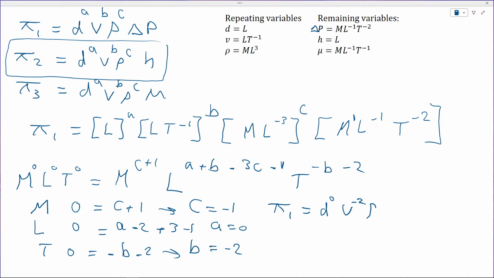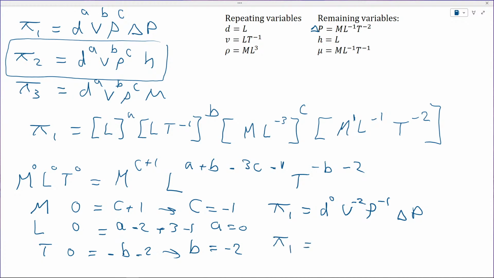Rho, C, what is C? C to the power of minus 1. And then I have my rho B, so that is basically my pi 1. I can even write it like this.